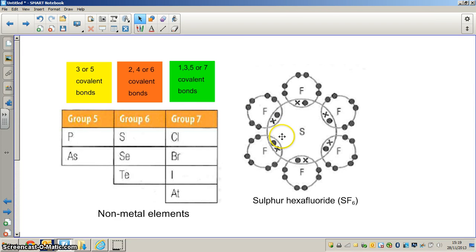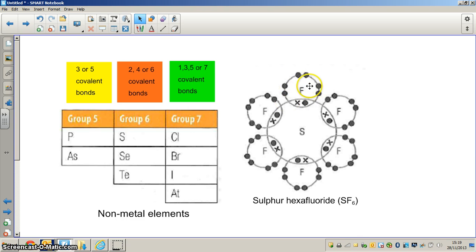And here's an example of sulfur. If we look at sulfur, it's got 6 electrons in its outer shell, as denoted by the crosses, 1, 2, 3, 4, 5, 6, and you can see it forms a compound with fluorine, where we have actually 12 electrons in total being shared in this outer shell.